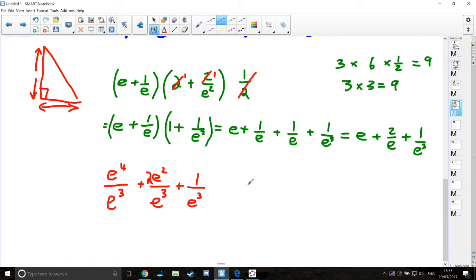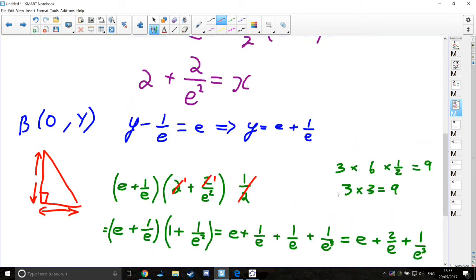Okay, so now we have e to the power of 4 plus 2e squared plus 1 all over e cubed. So that's it.